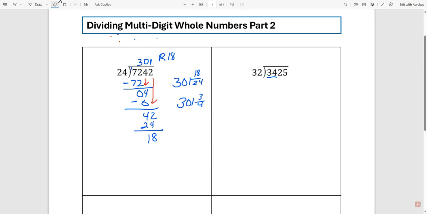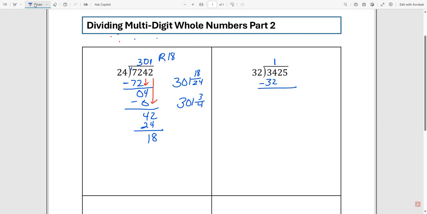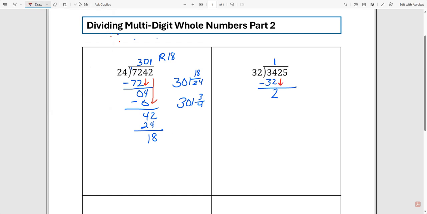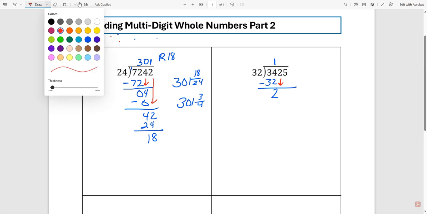So we'll try that, and we'll put the 1 over the 4 since we're dividing 34, not 3. And 1 times 32 is 32, and 34 minus 32 is 2. Then we'll bring down the other 2, and we have 22.